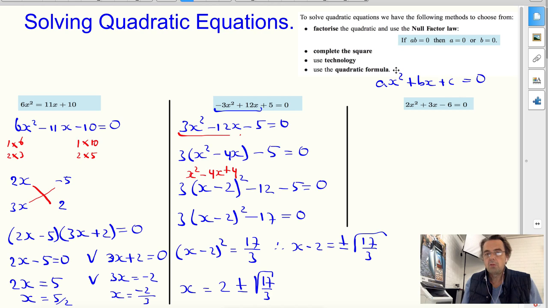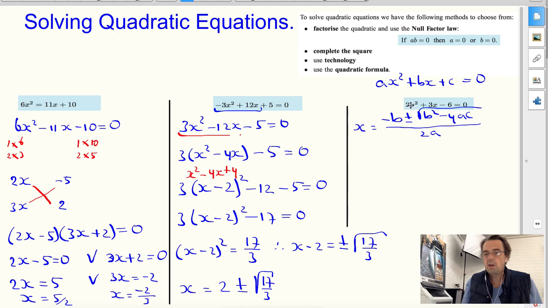The solution that you get is this: x equals negative b plus or take the root of b squared take 4ac over 2a. So by completing the square on this one here, for once and for all we solved it, and we found the quadratic formula, so now we can solve everything with that.